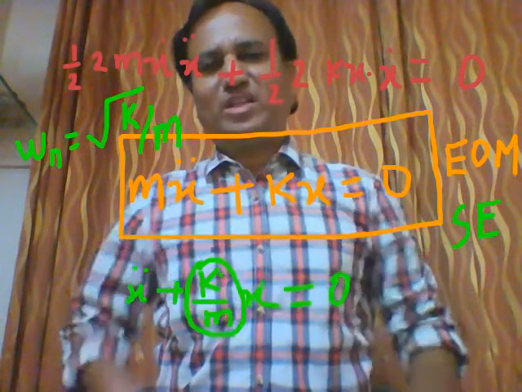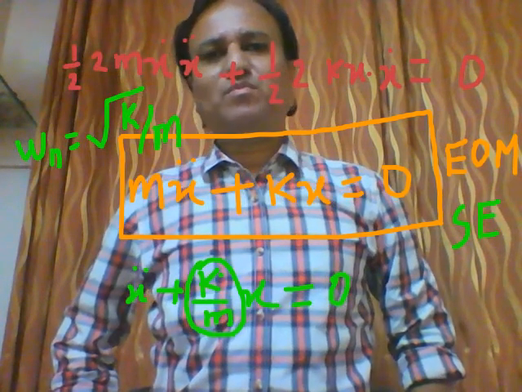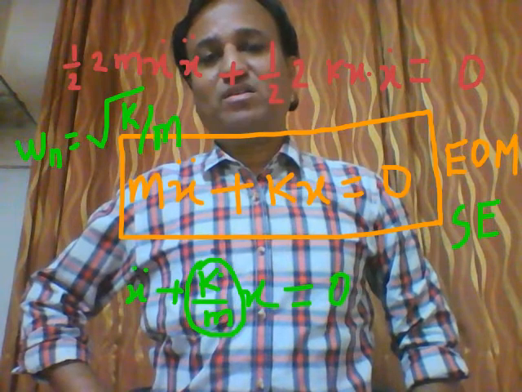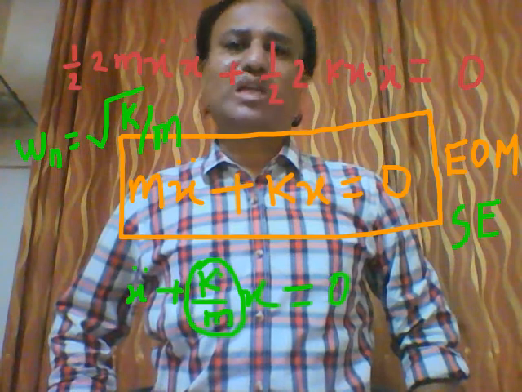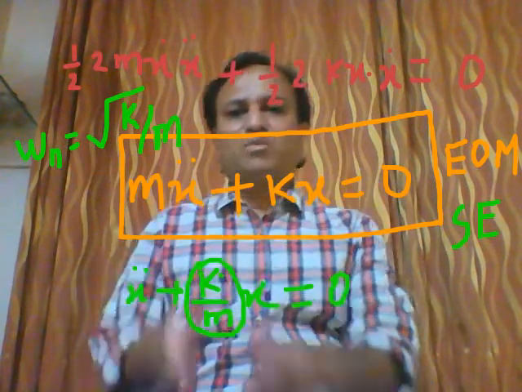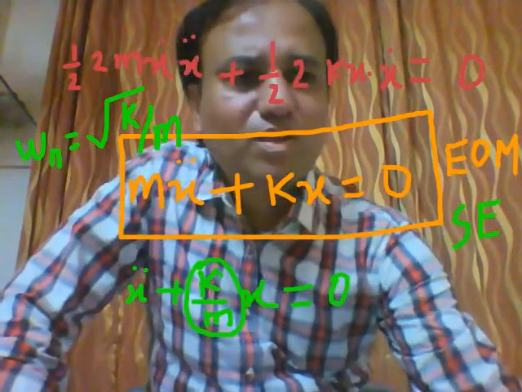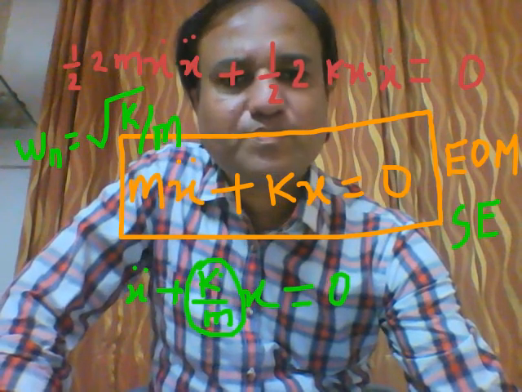Now we will cross check why we consider omega n is equal to square root of k by m. We will validate. Students, validation: in a longitudinal vibration, let the motion be a simple harmonic motion, a to and fro motion of the mass or vibrating body.